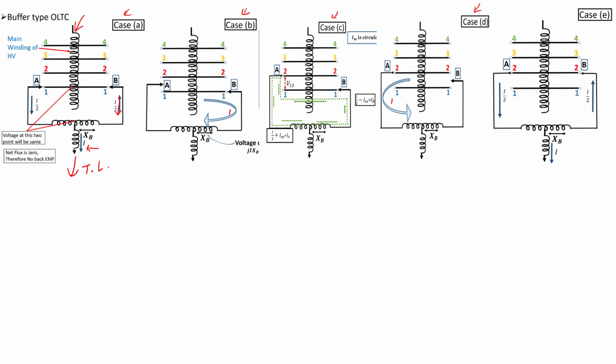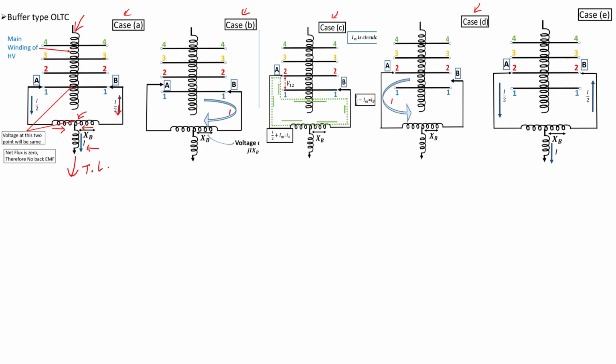Now this is a connection, and the voltage is at tap 1. The current is 50% this side, 50% this side. There is a buffer reactor here. In this part the current will be in this direction, and in this portion the current will be in this direction, so the MMF will oppose each other.